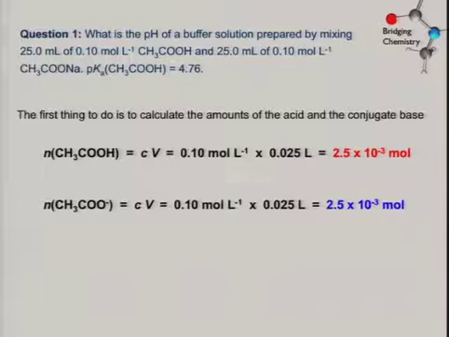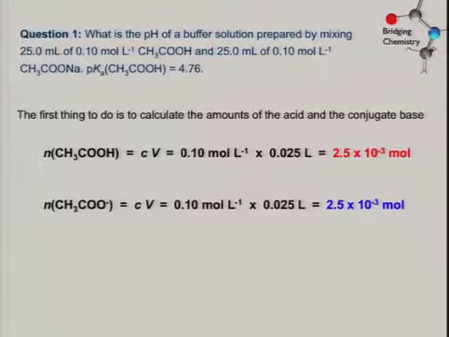The amount of the ethanoic acid is equal to the concentration times the volume. So it's 0.1 moles per litre, the concentration, times 0.025 litres, which is the volume, but in litres the way it has to be. And so that comes out as being 2.5 times 10 to the negative 3 moles.